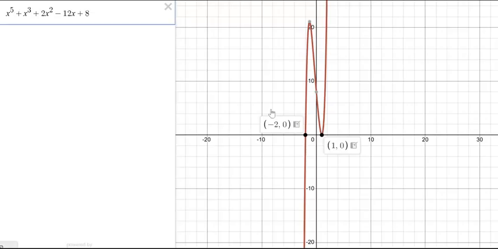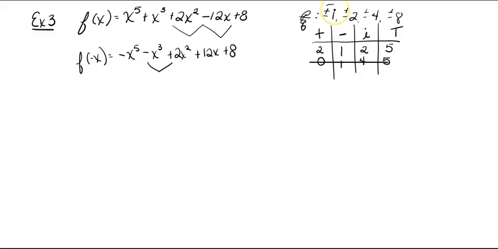So we're going to show this all by synthetic division. Let's go back to our work page. By the graph, it appears that our zeros are going to be at +1 and at -2. And I need to show that with synthetic division because I've got to get this x to the 5th down to an x squared. So I need to do synthetic division 3 times to get this down to an x squared. So I'm going to start with my -2 and put that in the synthetic division box.